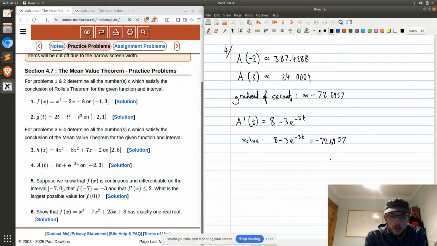Compute the natural logarithm of it. Divide that by -3. And that's your answer. -1.097.